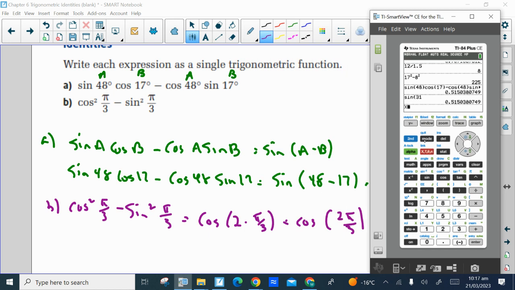In this case, we need to be in radian mode. Cos squared pi on 3 means the cosine of pi on 3 all squared. So close the bracket after the pi on 3, close the bracket on the cosine of pi on 3. We square it, minus, and we have to square the sine of pi on 3.